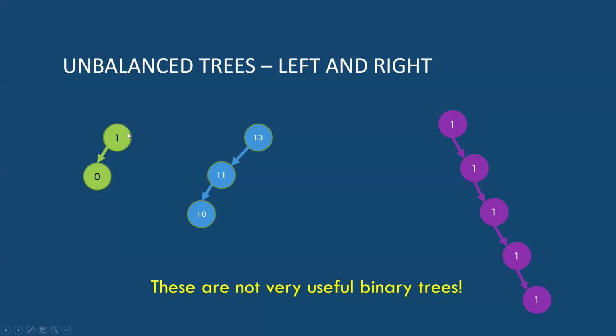But these are valid binary search trees, right? 11 is less than 13, 10 is less than 11. So you could say, well, it's a binary search tree, but it's not actually going to be very efficient. It's going to be a linear worst case cost to find something in that tree. So balancing is crucial if we want to maintain that log base 2 kind of optimal performance.